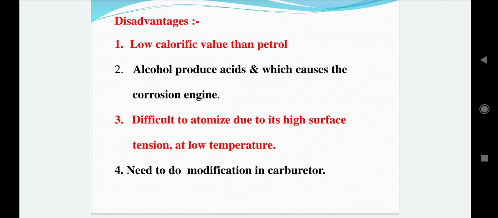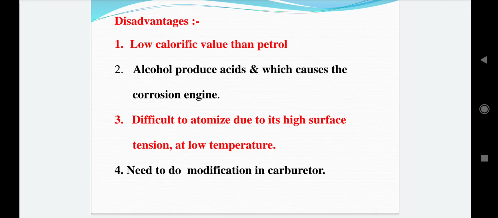Here ethanol is there in the petrol, and oxygen is present in ethanol. So the requirement of air or oxygen for burning of fuel is less as compared to pure petrol. So if we use power alcohol as a fuel, we have to make some modification in the carburetor as the requirement of air is less as compared to pure petrol.